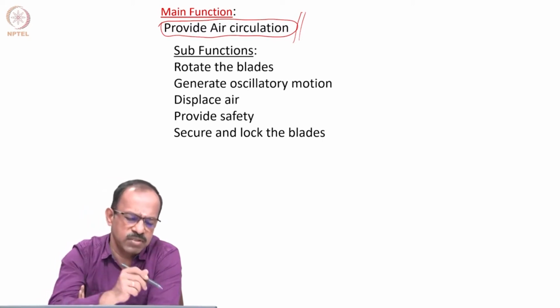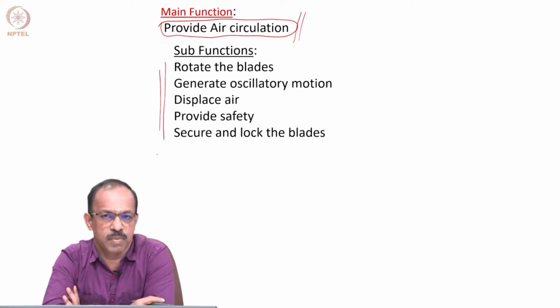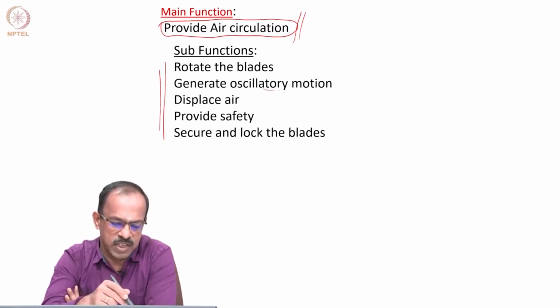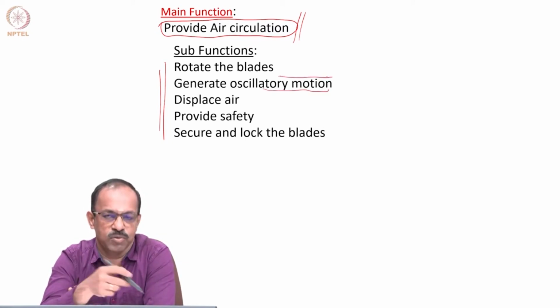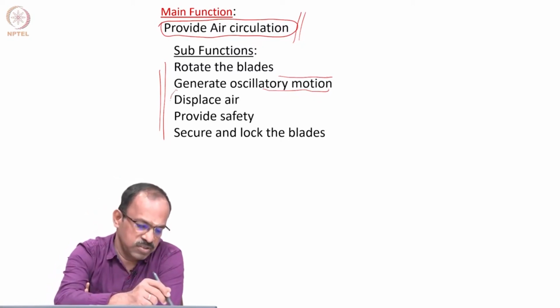And in order to get this air circulation, it actually provides many things. It provides a rotation for the blades, and then it generates an oscillatory motion, that is to change the direction of airflow, and then it displaces air based on that, and then there is safety.